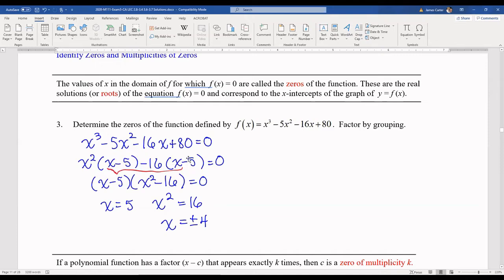Well, you notice I've got x minus 5 both places. So I factor it out, leaving x squared minus 16. X squared minus 16 is a conjugate, so you could get x plus 4, x minus 4. Either way, it'll ultimately come down to the zeros of plus or minus 4. The x minus 5 gives us the zero of positive 5, always opposite sign.